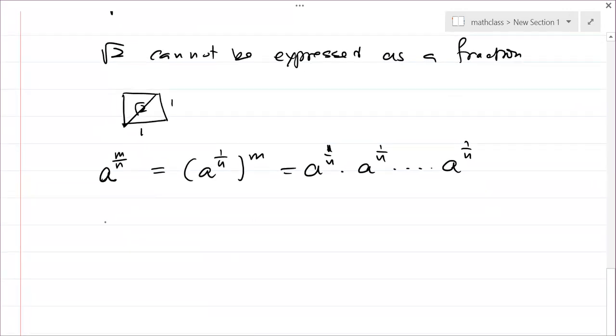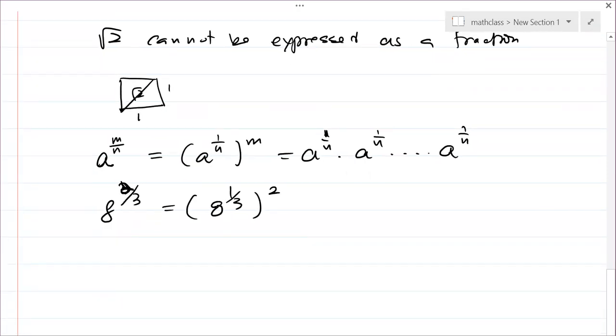So if I ask you to compute 8 to the 2 over 3, that is the third root of 8, and then squared. So you figure out the third root of 8 first. The third root of 8 is going to be 2, so the answer is going to be 4. Why is the third root of 8 equal to 2?